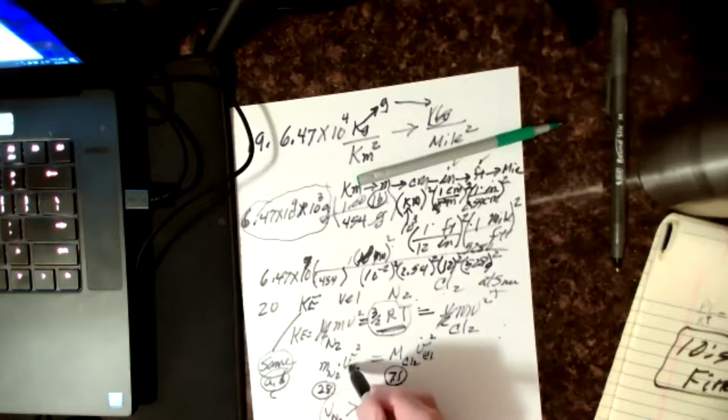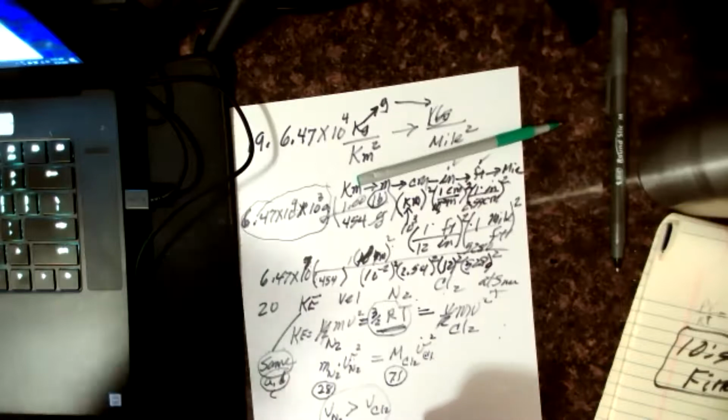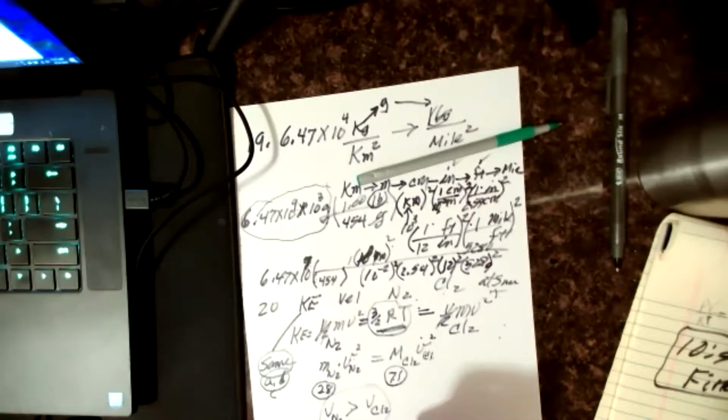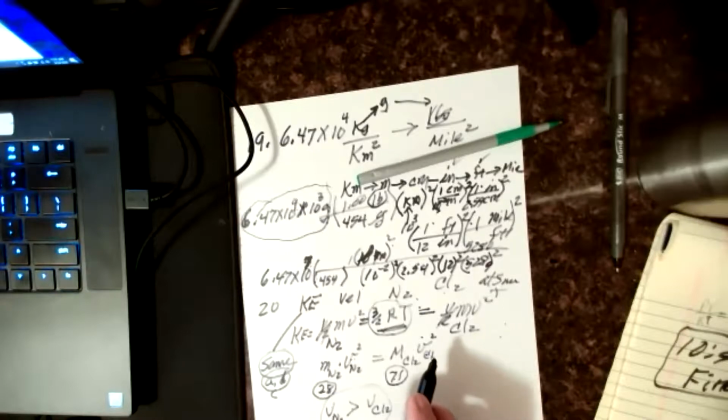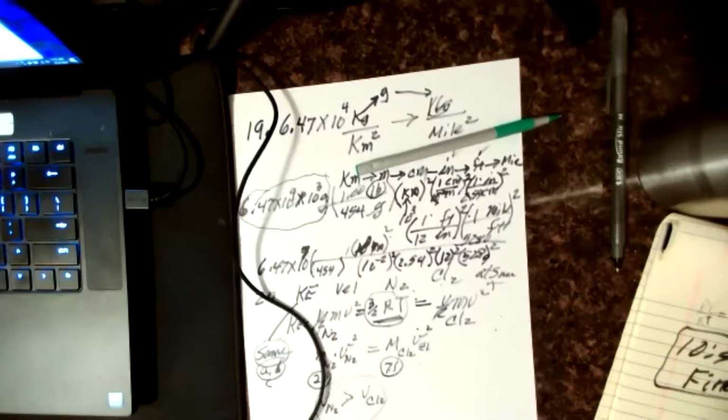This is smaller, I need a larger velocity here. So nitrogen is going to be moving faster than chlorine. So the average kinetic energy is the same. But it says, but the average velocity of nitrogen is less. That's wrong. So it has to be A. Let me screen share so you can see the choices up here, up close and personal.